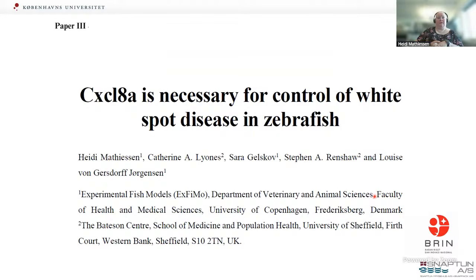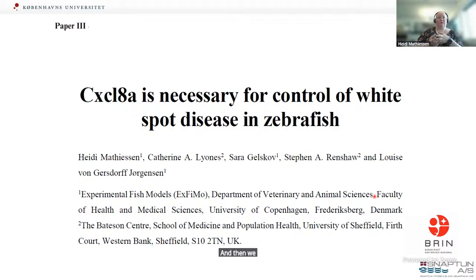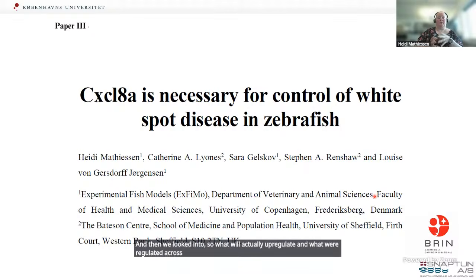So based on the findings from paper 1 and paper 2, along with the literature search, it appeared that the cellular response was very important for the resistance of zebrafish toward the disease. Then we looked into what was upregulated across the literature and found CXCL8A as a candidate.